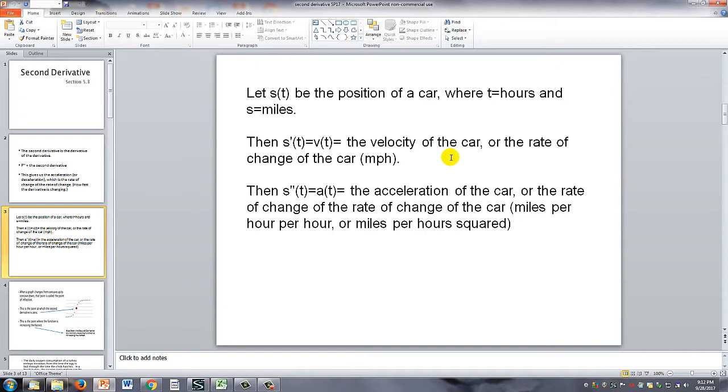So we can have acceleration of different types of things, but it really makes the most sense when we think about position, because we get in our cars all the time and we drive a certain speed or velocity, and we accelerate and decelerate.